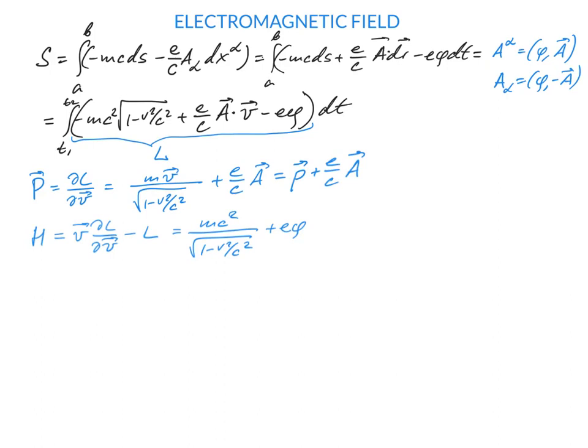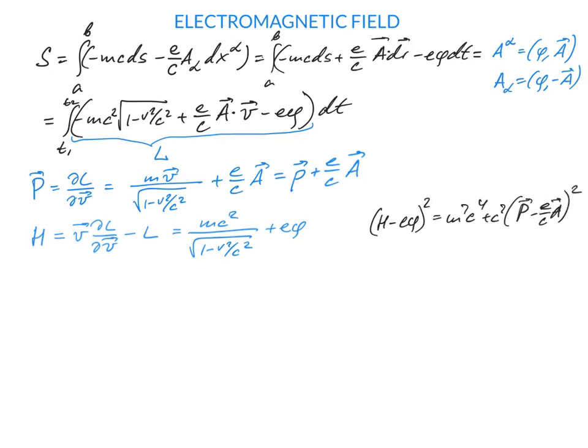Here it's expressed in terms of the velocity, but the Hamiltonian must be expressed in terms of the momentum. In order to do that, we can use the following expression. We can write H minus e phi squared equals m squared c to the fourth plus c squared times capital P minus e over c A squared.